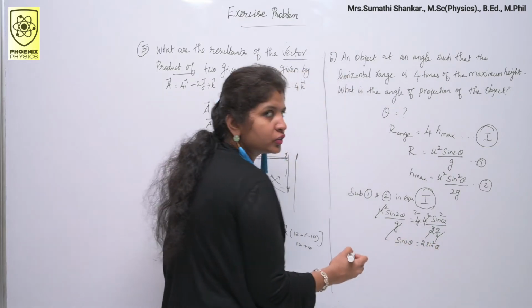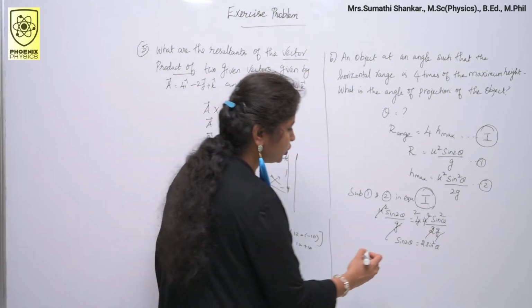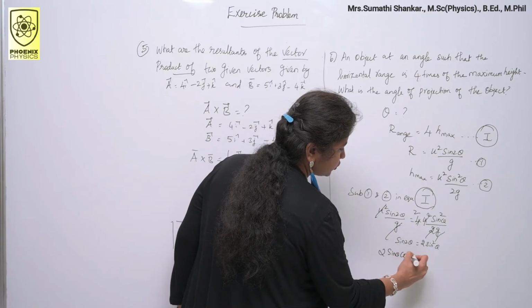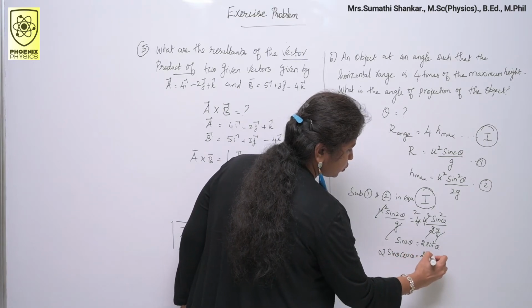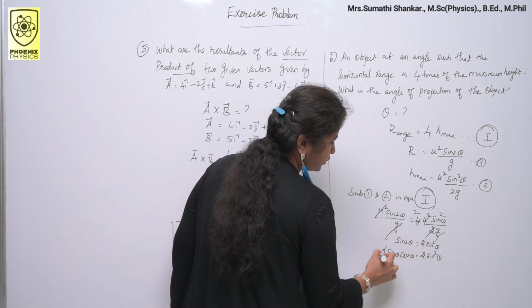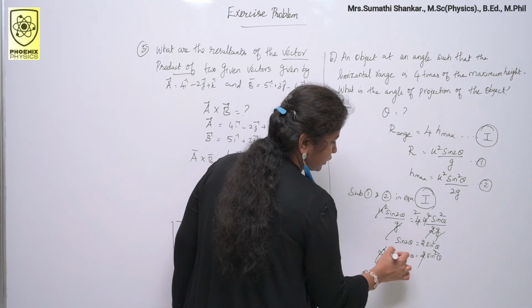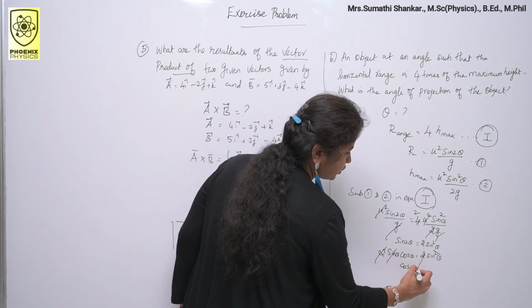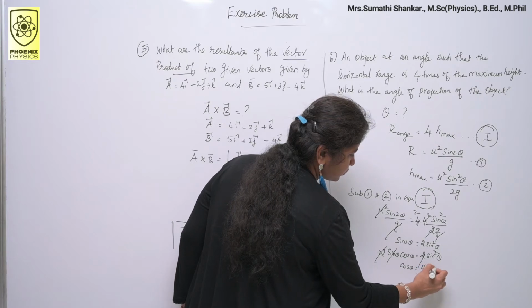You know the formula, sine 2 theta can be written as 2 sine theta cos theta, that is equal to 2 sine square theta. So cancel this 2, cancel one sine theta, so remaining is cos theta is equal to sine theta.